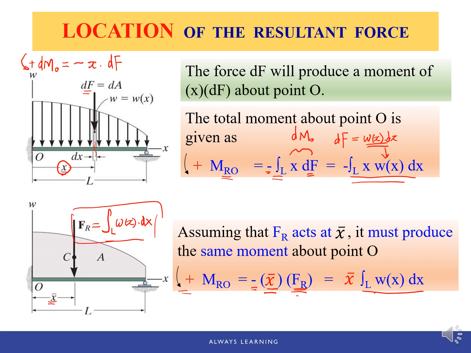So equation 1 is the resultant force from the distributed load. Equation 2 is the moment of this resultant force, or of this single force. So for this force FR to have the same rotational effect about point O, those two moments should be the same.